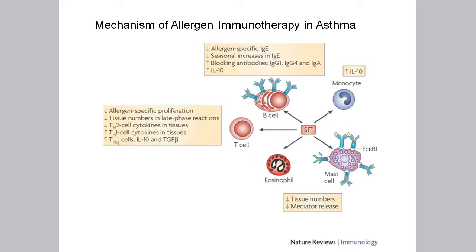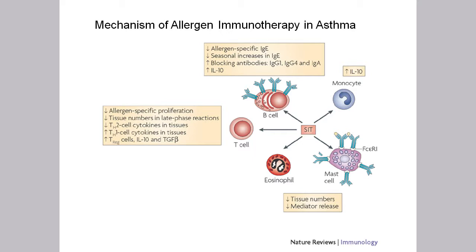Again, if we go from the top clockwise, these cells decrease allergen-specific IgE. They increase a substance called IL-10. This is a very interesting finding that we see in patients with various allergies and asthma. After immunotherapy, the generation of these regulatory cells has an impact on disease progression.